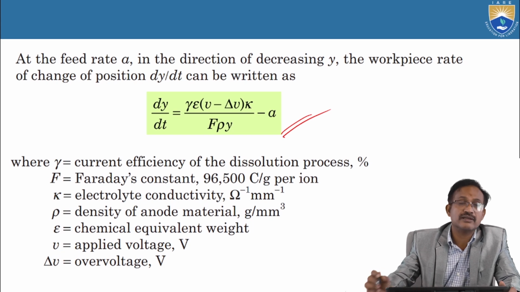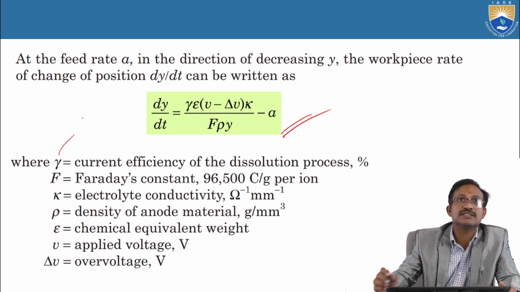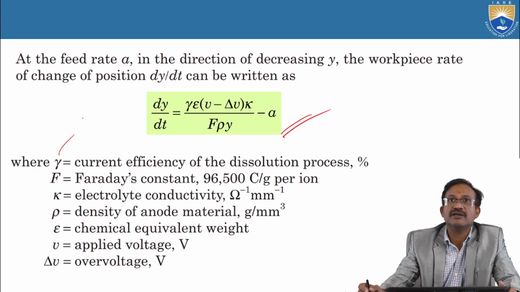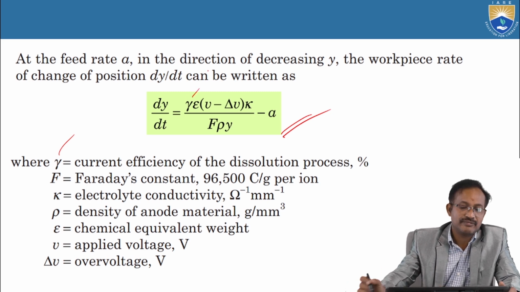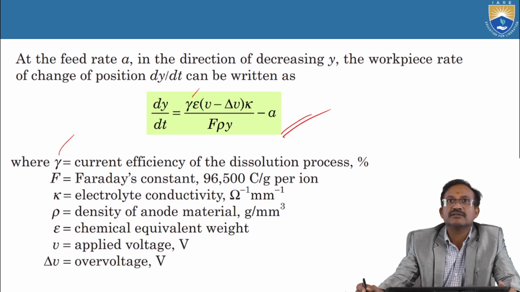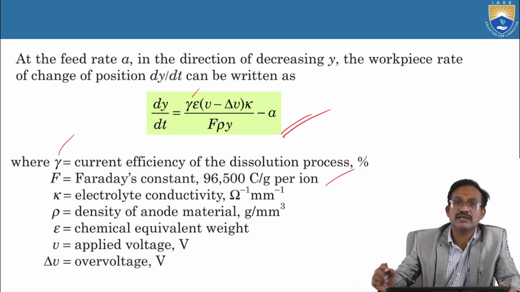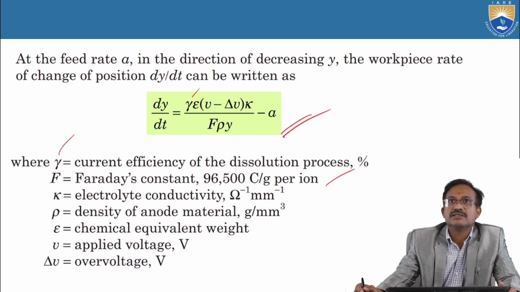Where gamma is the current efficiency of the dissolution process in percentage. F is Faraday's constant, that is 96,500 coulombs per gram ion.